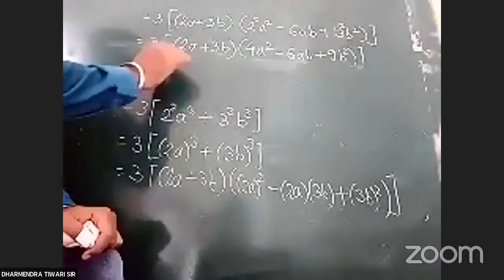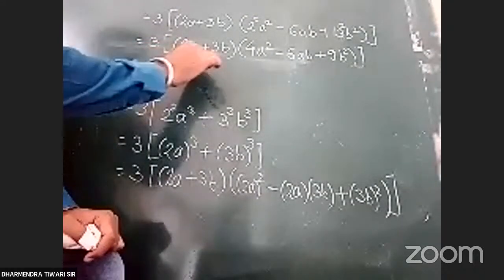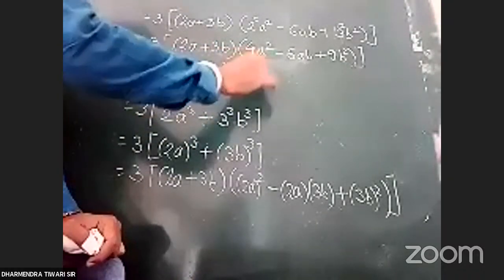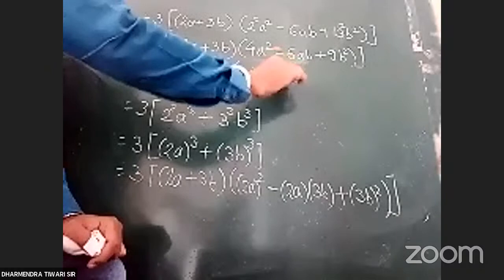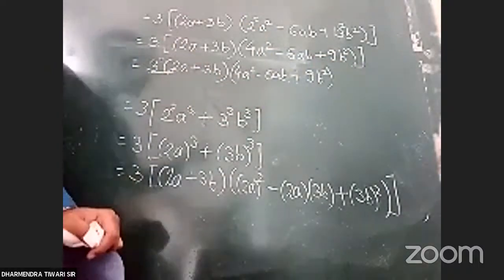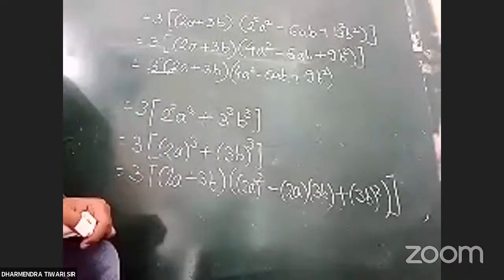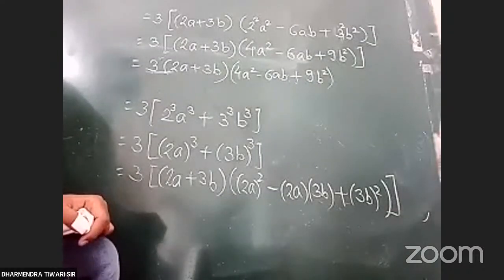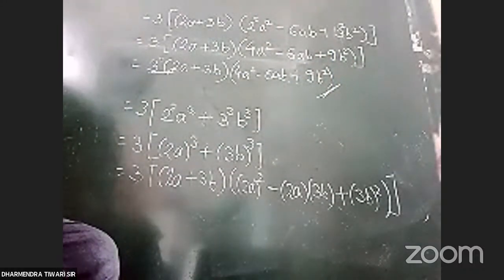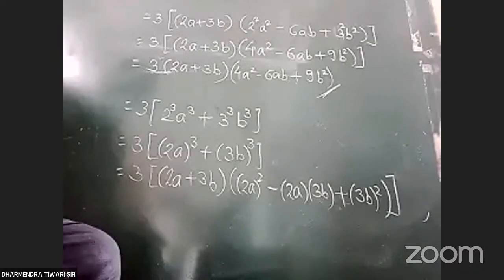So I can write this as 3 into (2a plus 3b) in a bracket, (4a square minus 6ab plus 9b square). Yes, we are through. Now let's copy it down.